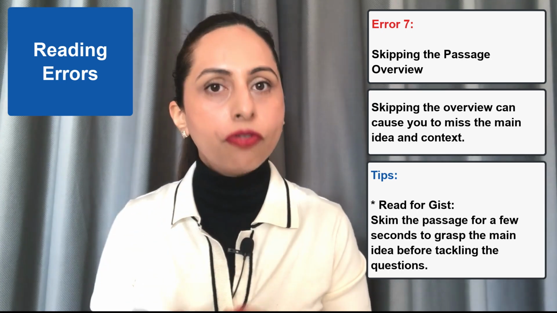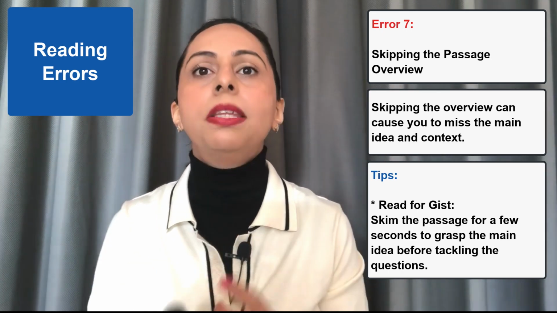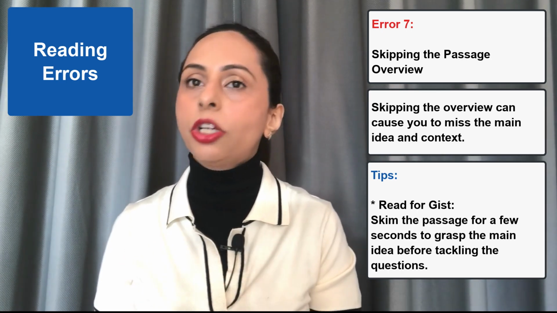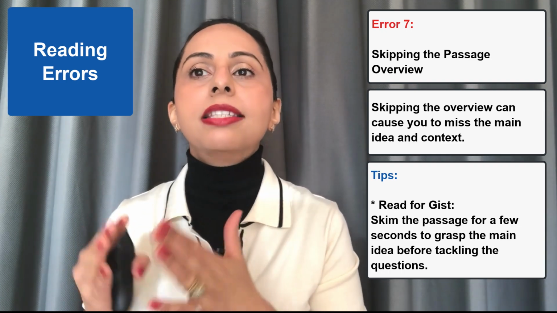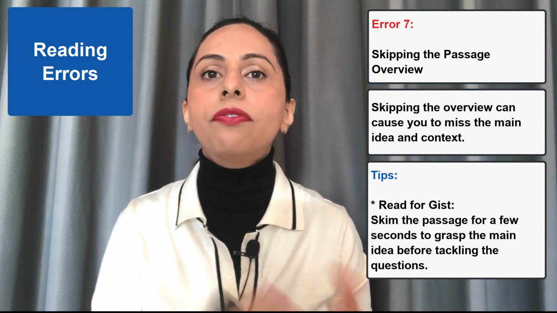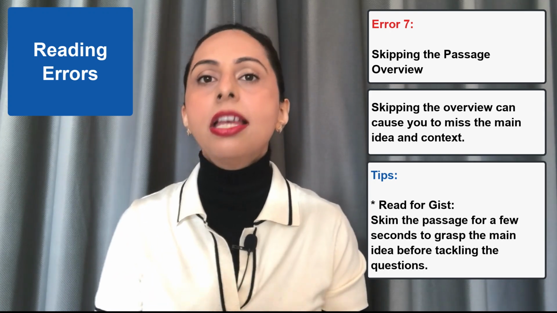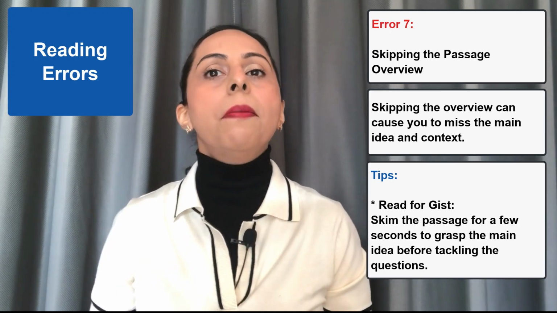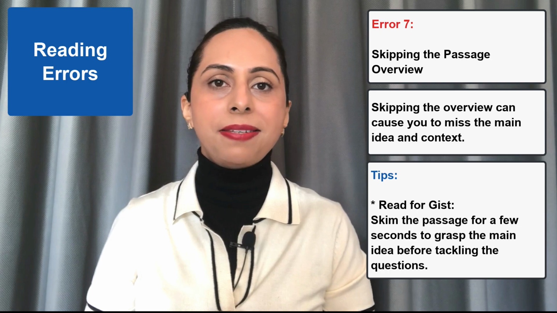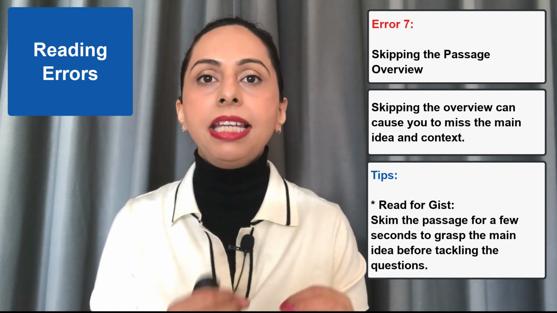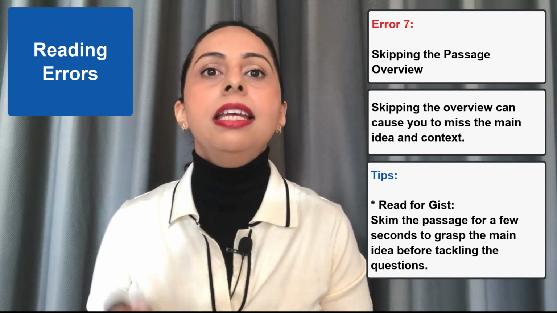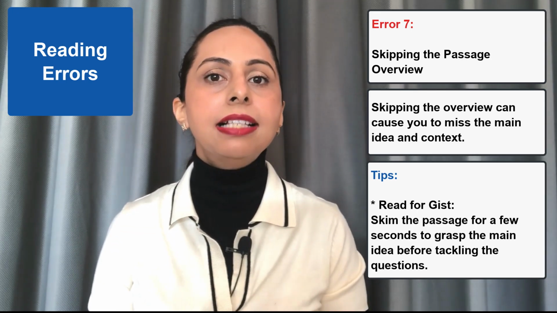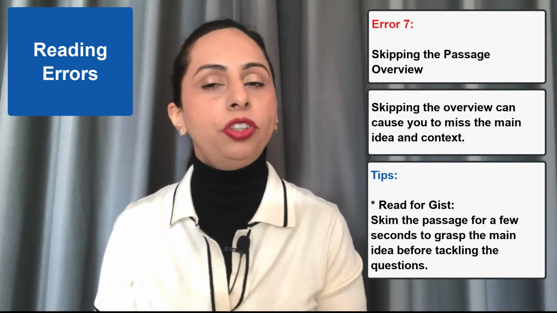Skim the passage for a few seconds to grasp the main idea before tackling the questions. Spend 10 to 15 seconds scanning the first few sentences and headings to understand the topic before diving into details. Combine skimming and scanning. Skim for the main idea, then scan for specific details as needed to answer the questions efficiently.